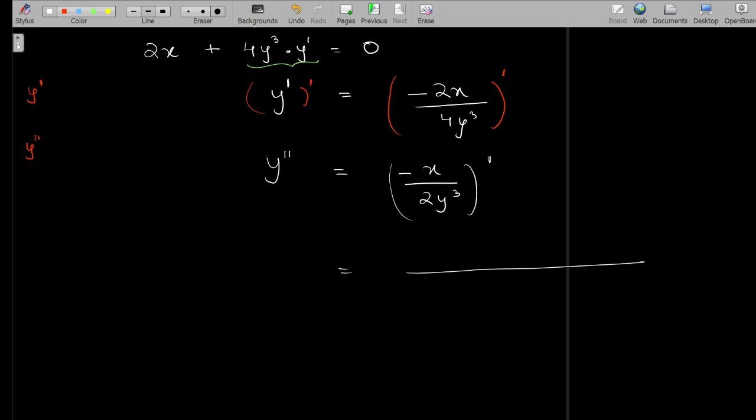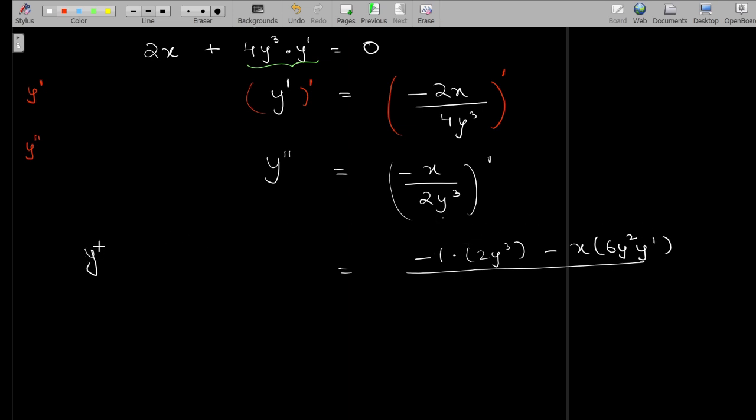Okay, you're forgetting. Whenever you're differentiating y with respect to x, the y prime term will also come. So this is correct: negative 1 times 2y cube minus x times 6y square, which is the derivative of this. Then there will be a y prime term as well, right? Because you're differentiating y with respect to x.